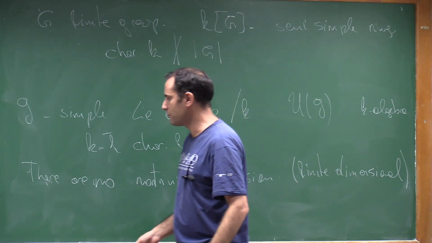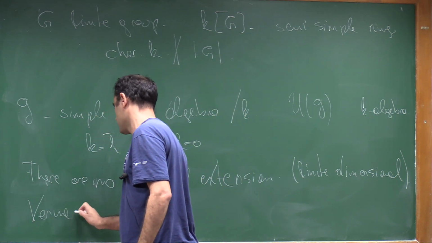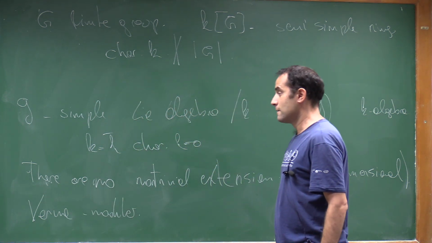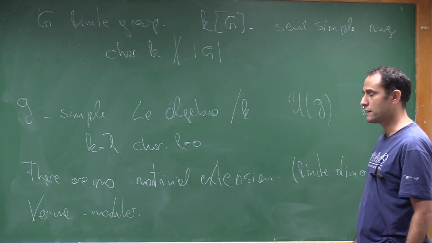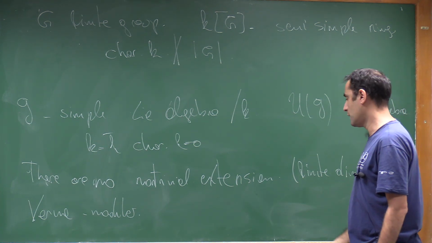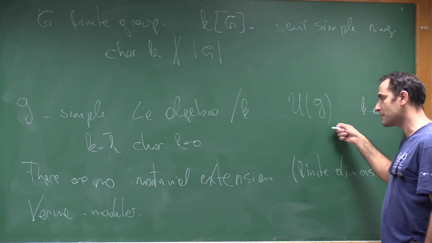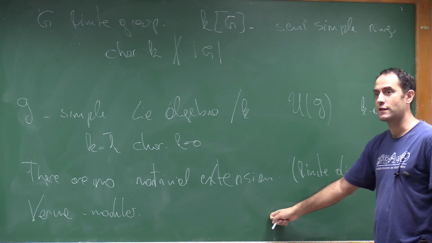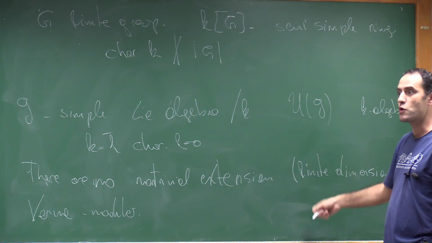So the typical example is the Verma modules. So this cannot be of global dimension 0 by what I said. This cannot be semi-simple because I do have non-trivial extensions. So that's a nice example where you have an algebra whose category of representations does have non-trivial extensions, but if you look at the subcategory of finite dimensional representations, there are no non-trivial extensions.